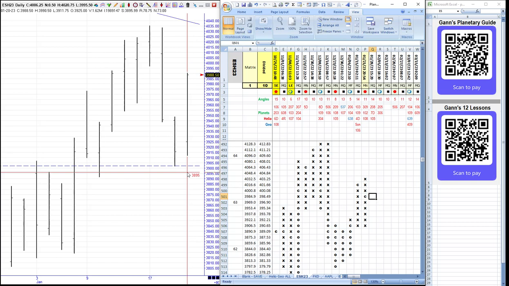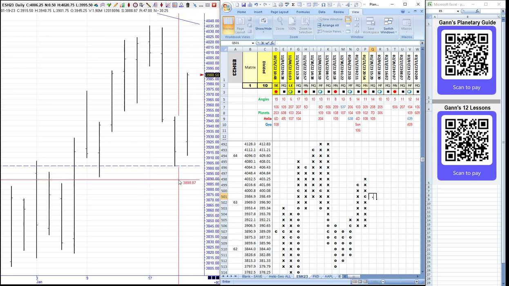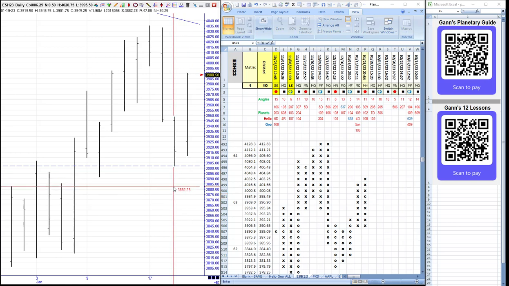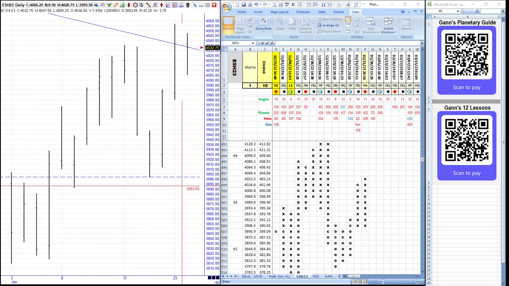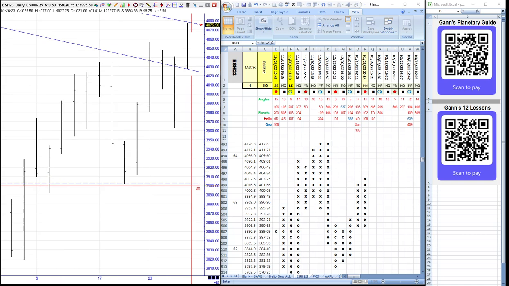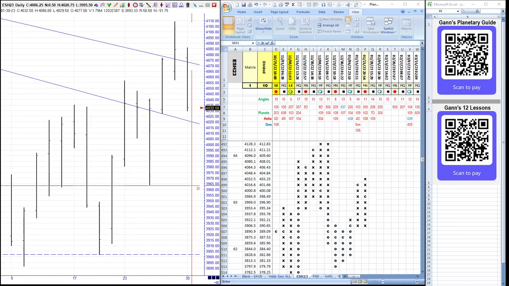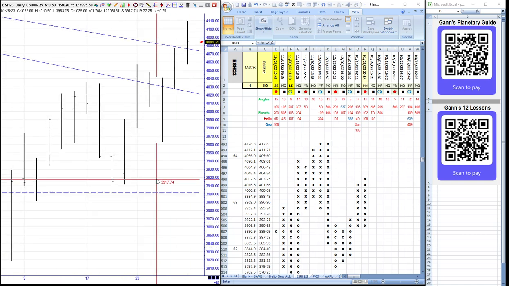The next period over is the 28th, which is a quarter moon. And again, that fell over the weekend.